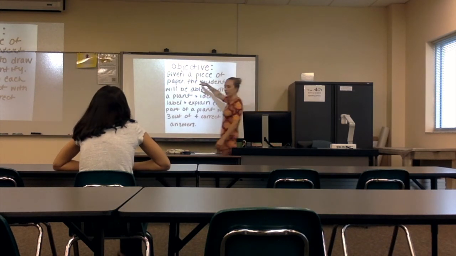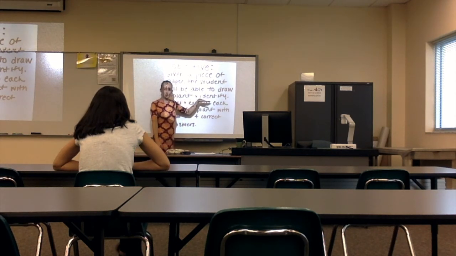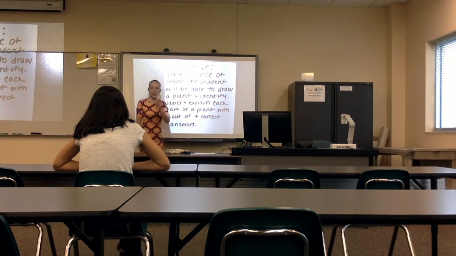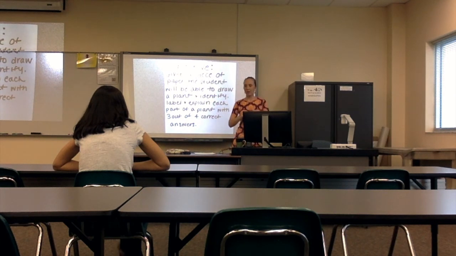So our objective for this lesson was given a piece of paper, which everybody got their piece of paper, and everybody was able to draw the plant and identify, everybody remembers what identify meant, label, and explain each part of a plant with 3 out of 4 correct answers. And everybody in class today met mastery, which is very awesome. So that completes our lesson, and I hope everybody learned something today about plants.